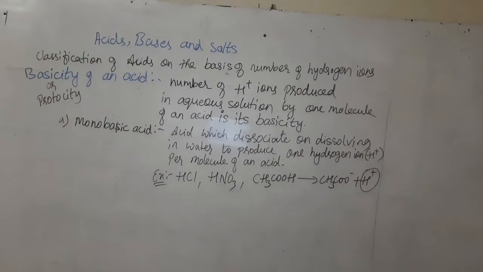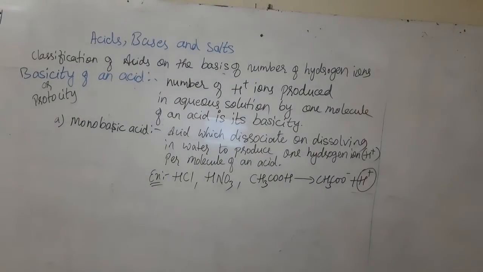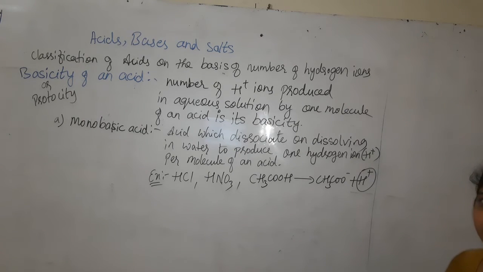Monobasic acid is an acid which dissociates on dissolving in water to produce one hydrogen ion per molecule of an acid. Is it clear on the screen? Okay.